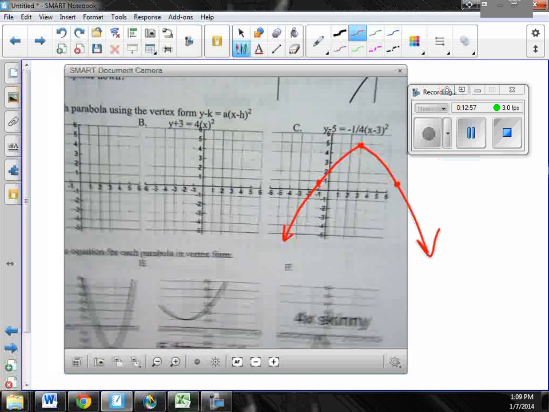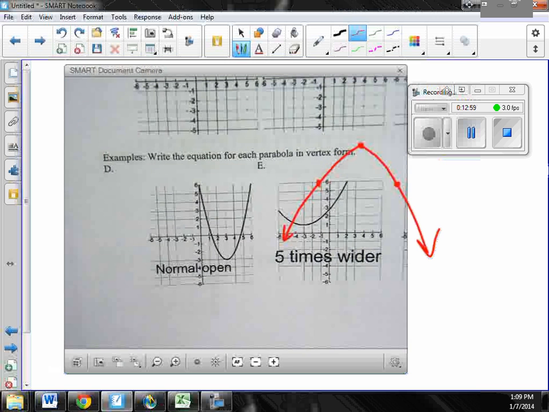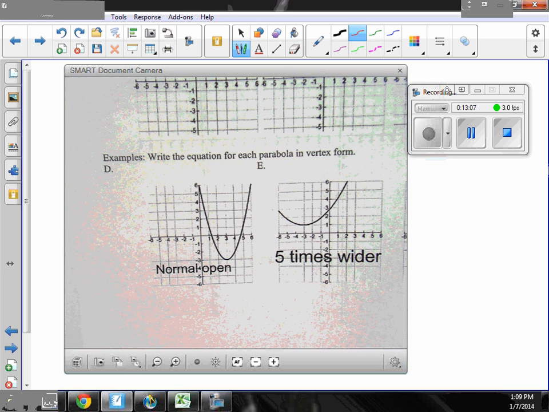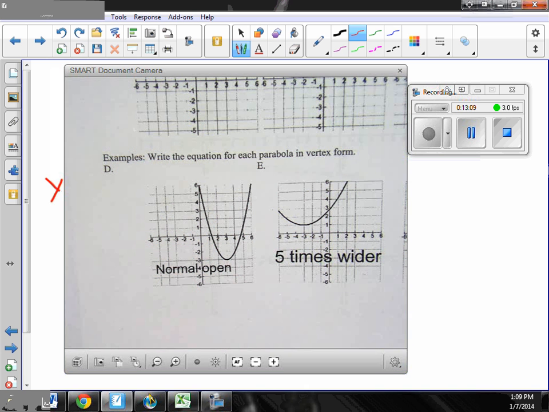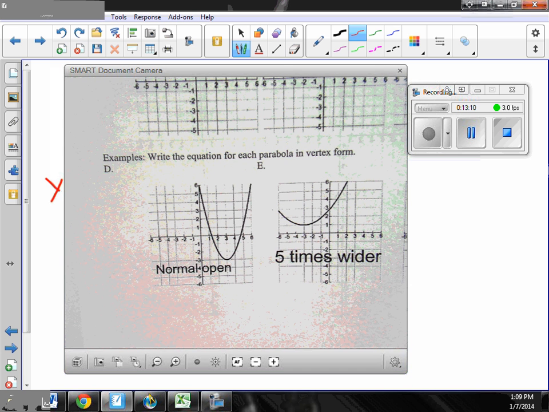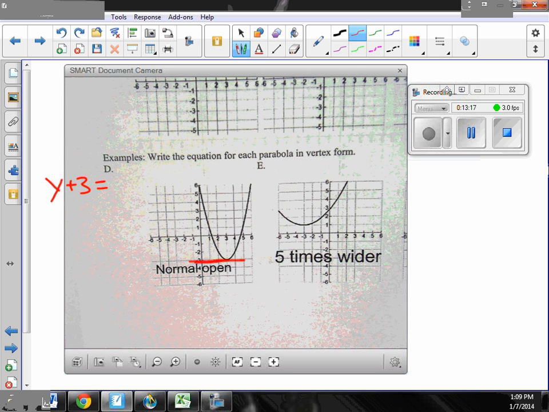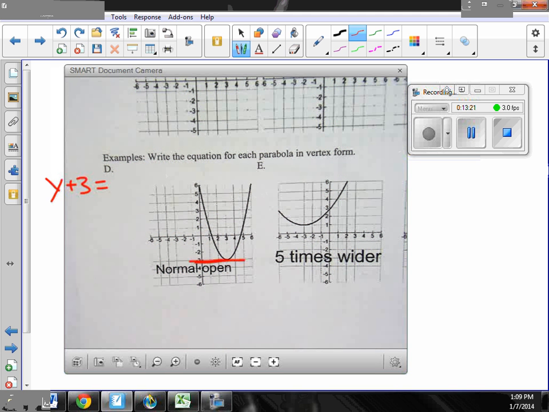All right. Part D. What is the equation going to be for part D? Y. So the k value is -3. So y plus 3 equals, what is my A value? Not 0, 1. So we don't need it.